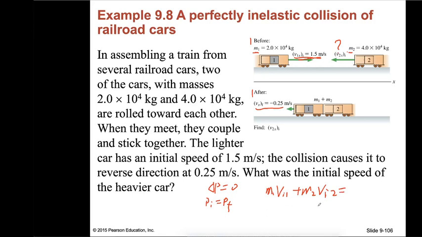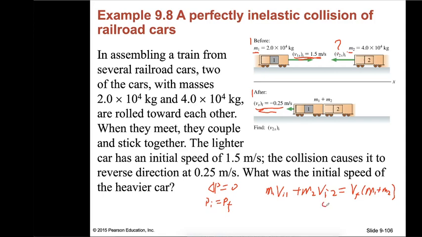Let's keep it as unknown. That's the P initial. Now let's see P final. P final equals V final times M1 plus M2, because at the end they have the same velocity. They become like one object. So the total final momentum equals the final velocity, which is shown here, times the final mass, which is M1 plus M2.